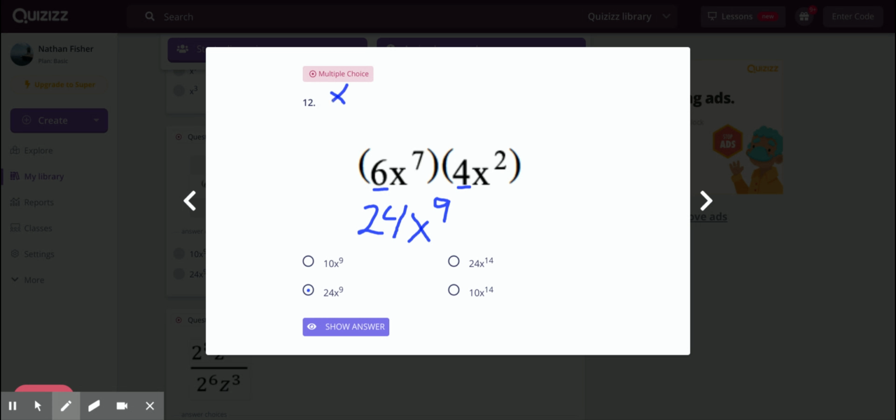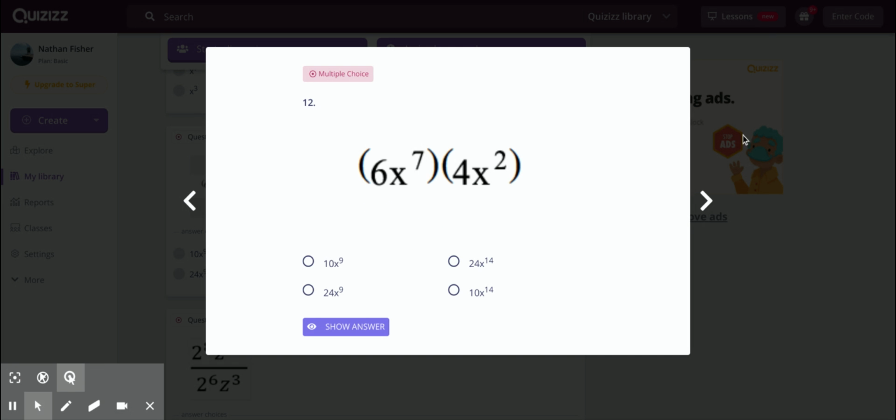So that would be x times x times x times x, and we're going to have 7 of them: 1, 2, 3, 4, 5, 6, 7. And then we're multiplying by x squared, which is 2 more x's. If I were to count and add each of these up, I would end up with 9 of them. So it's basically like I'm taking it apart and then pushing them all back together and regrouping. That's where the 9 comes from.